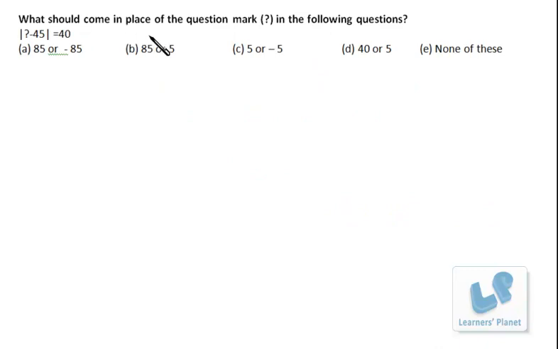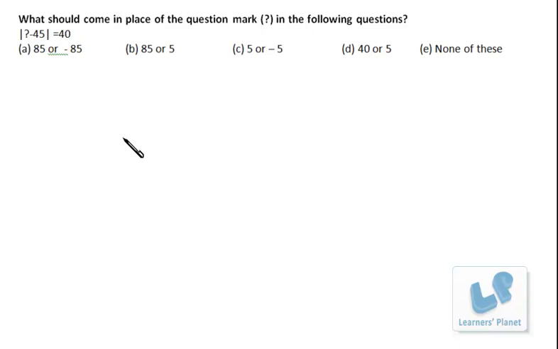What should come in the place of the question mark in the following question? We have to find out, suppose this unknown value is x. Now the modulus of x minus 45 is 40. Friends, you must know what a modulus means. A modulus gives you the positive value.